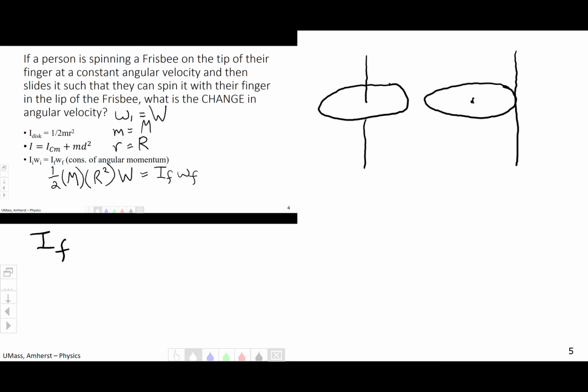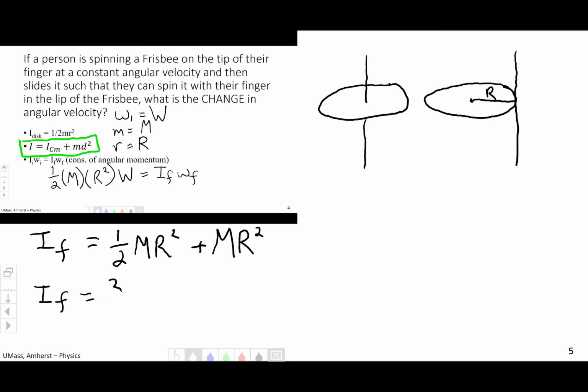The distance from the center of mass to that new axis is going to be the radius, capital R. So using the parallel axis theorem, we add the moment of inertia around the center of mass, which is just the moment of inertia of the disk itself, 1/2 m capital R squared, plus the mass of the object, another capital M, and then the distance is R squared. Lucky us, we can combine these terms, and I final is 3/2 mR squared.